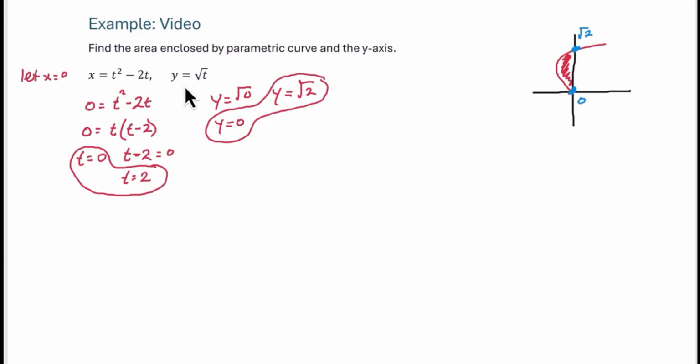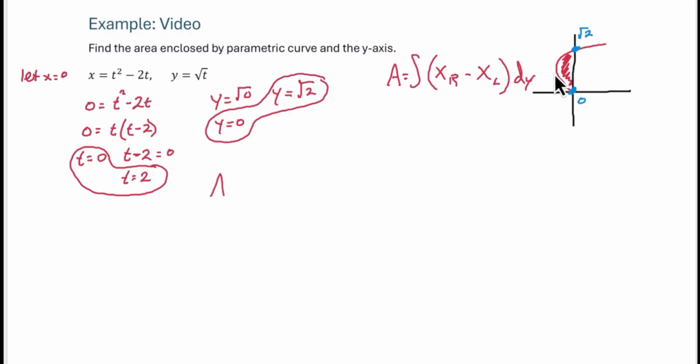To find the area now, we're going to integrate from the rightmost x value, I'm going to call that x sub r, minus the leftmost x value, call that x sub l. And for now, we're integrating with respect to y.